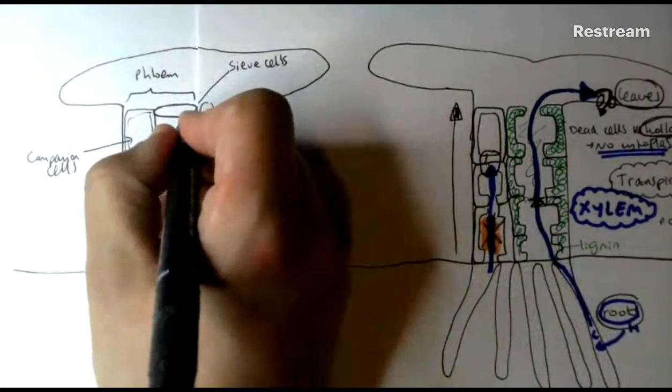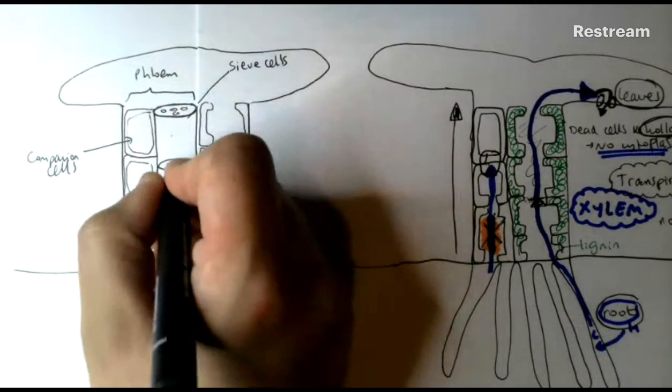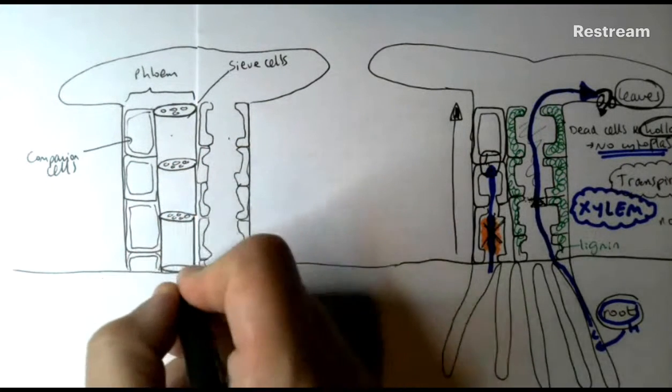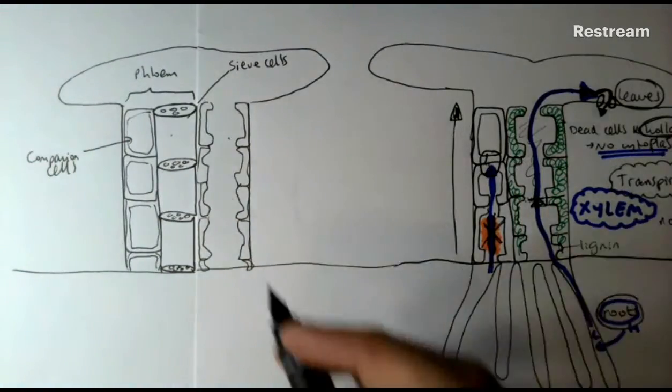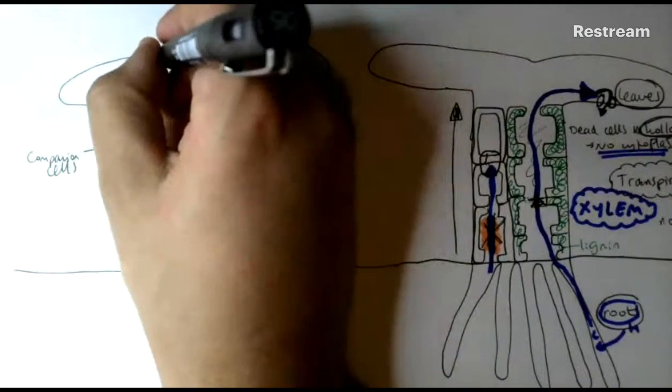These here are called the sieve plates. Imagine, like in your houses or whatever, you've got sieves or colanders with holes in them. They allow things through. So the phloem transports sucrose.